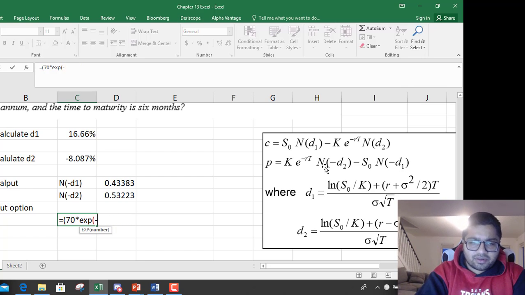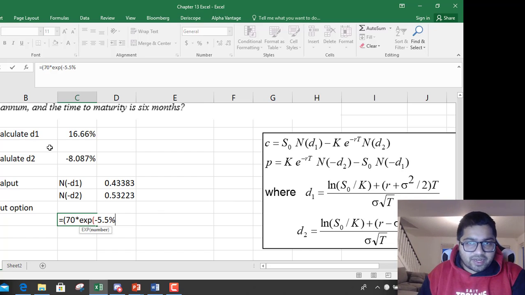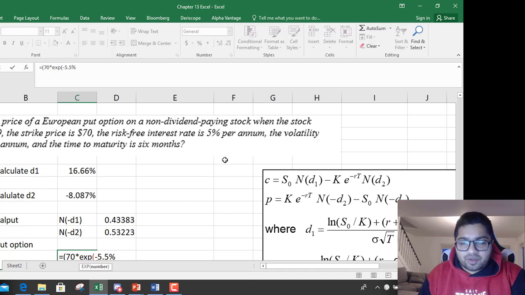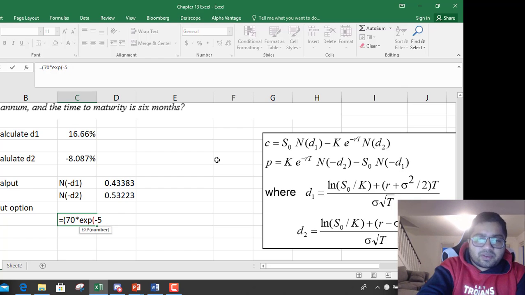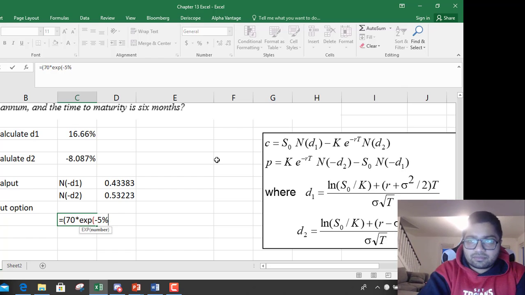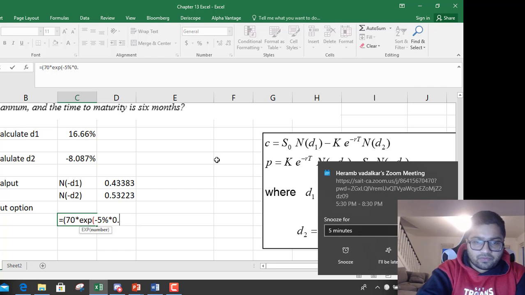Sorry, the risk-free rate in this problem is 5.5%, in the previous one it was 12, so that's why. Actually, it's 5%, not even 5.5. Times 0.5.